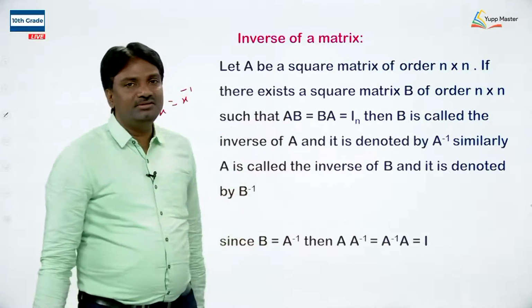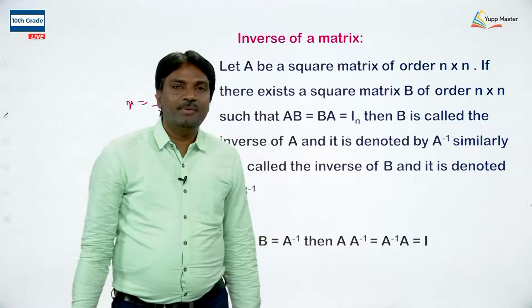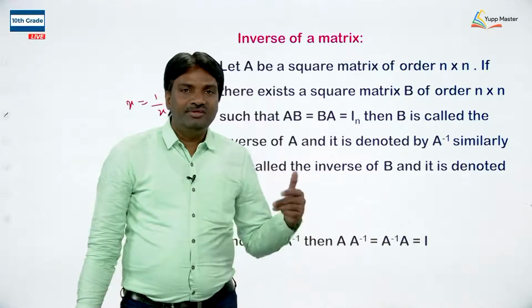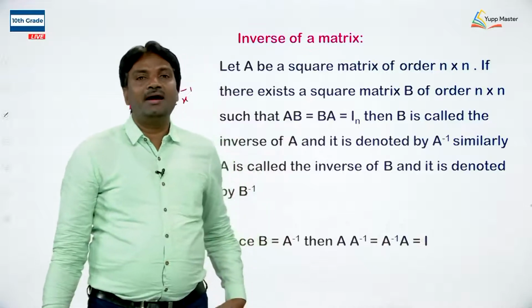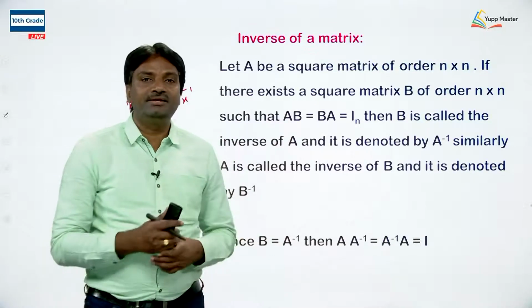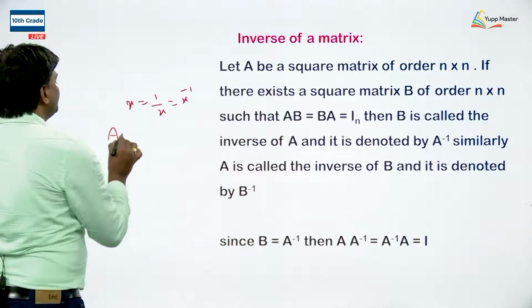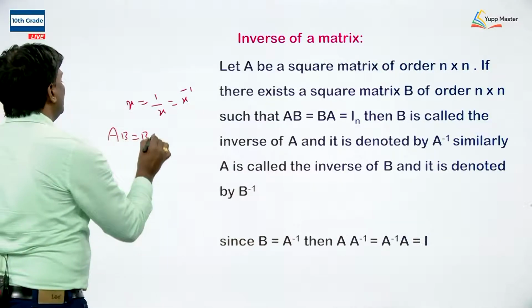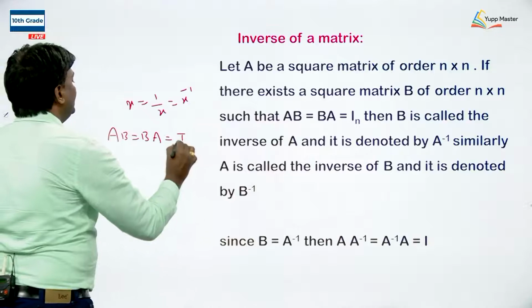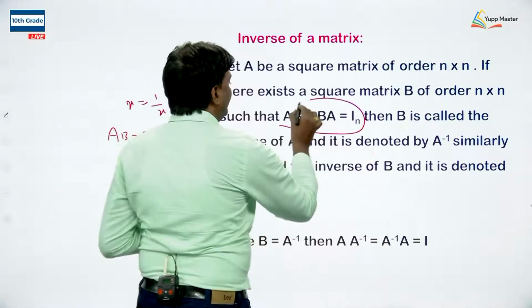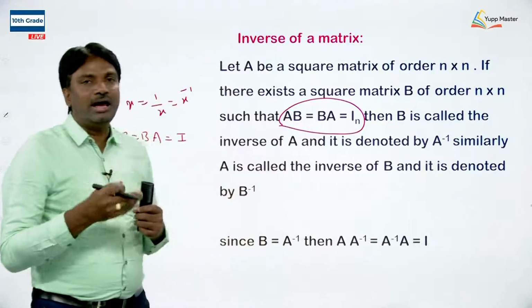Here the definition is, suppose one square matrix A is there of order n by n, and there exists another square matrix B of order n by n such that AB equal to BA equal to I. I is nothing but the identity matrix. AB equal to BA equal to I or IN.